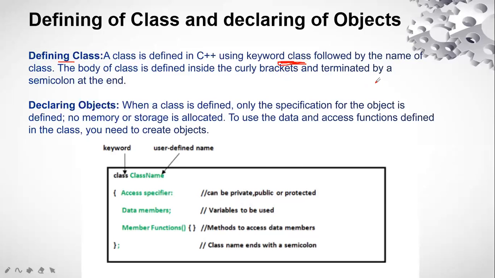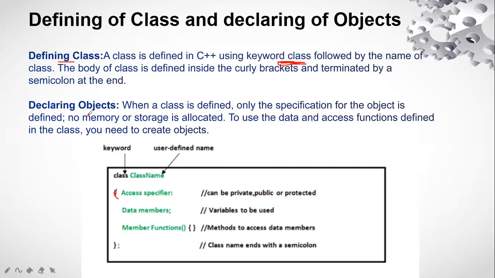Car is the name of the class and class is the keyword. The body of the class is defined inside curly braces and terminated by a semicolon at the end. So you have to remember that the body of the class is written between curly braces, ending with a semicolon.